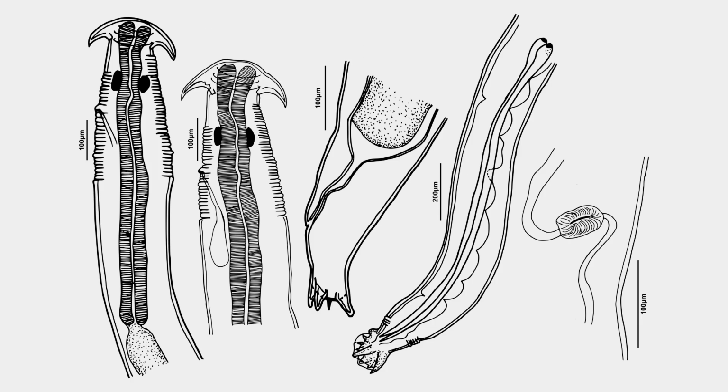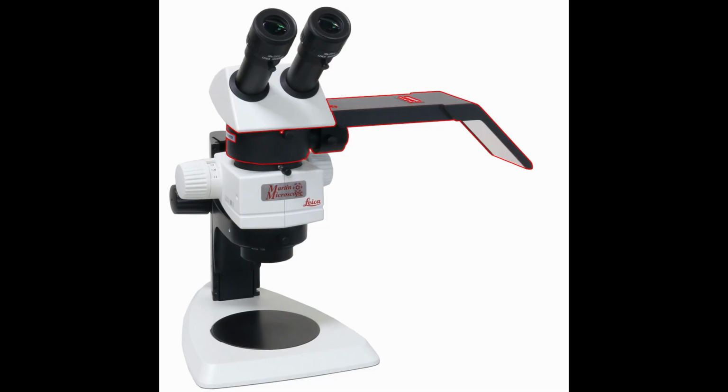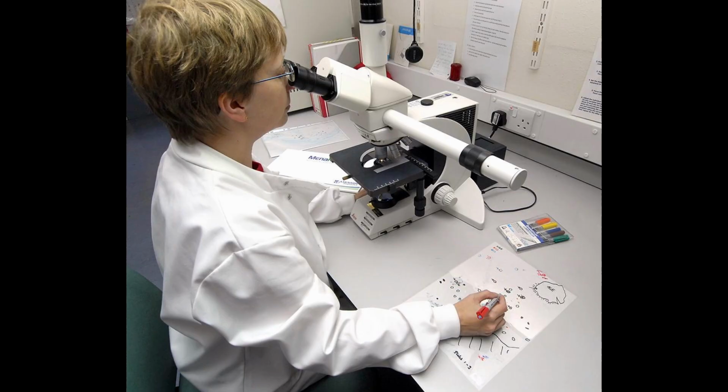These are nematodes of bats that I drew quite a while ago. And I made this with something called a camera lucida, which is also called a drawing attachment to the microscope, where you can see your hand, the pencil, and the paper you're drawing on inside of the oculars of the microscope.